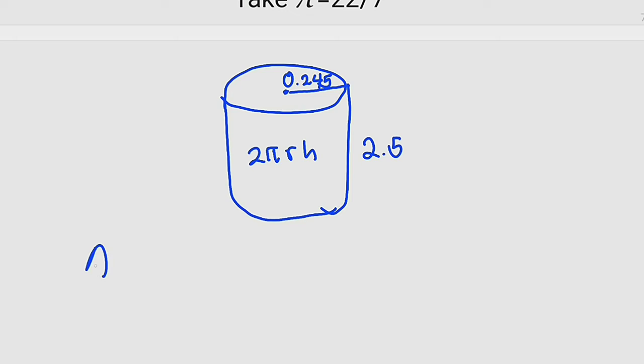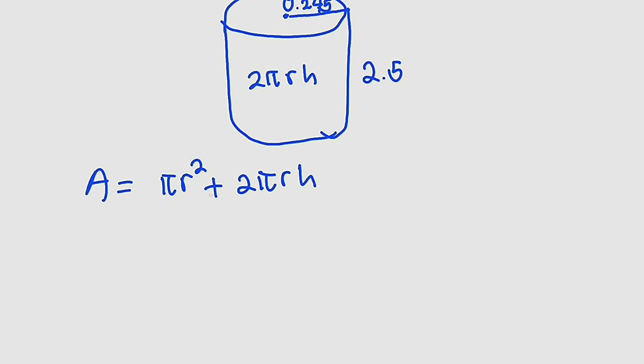So the total surface area will be area of circle, which is pi r squared, then plus the curved surface area, which is 2 pi r h. I think we have pi and r in common. So pi r inside, from this one we have a single r left, and the rest are already gone, so we have 2h.